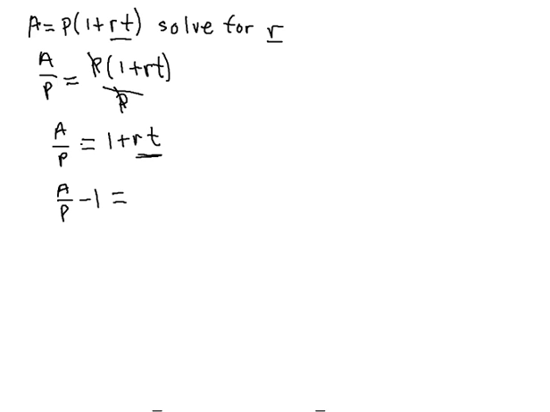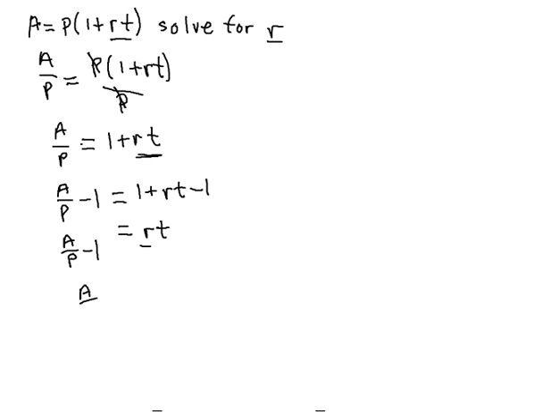The quantity A over P minus 1 is equal to 1 plus RT minus 1. And so on the right side we have isolated the term with the variable we're interested in, RT, and that has to equal A over P minus 1. So now, what do we need to do now? We want the r all alone, so we're going to divide both sides by t.